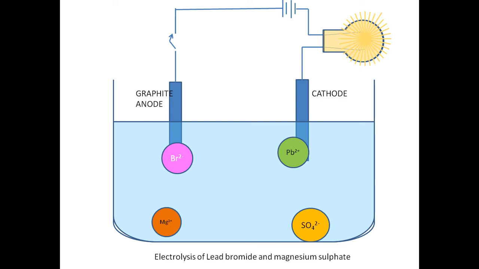We will assume that both compounds have the same concentration, and hence we will use electrochemical series in this experiment to find out which cation and which anion migrate towards cathode and anode respectively.